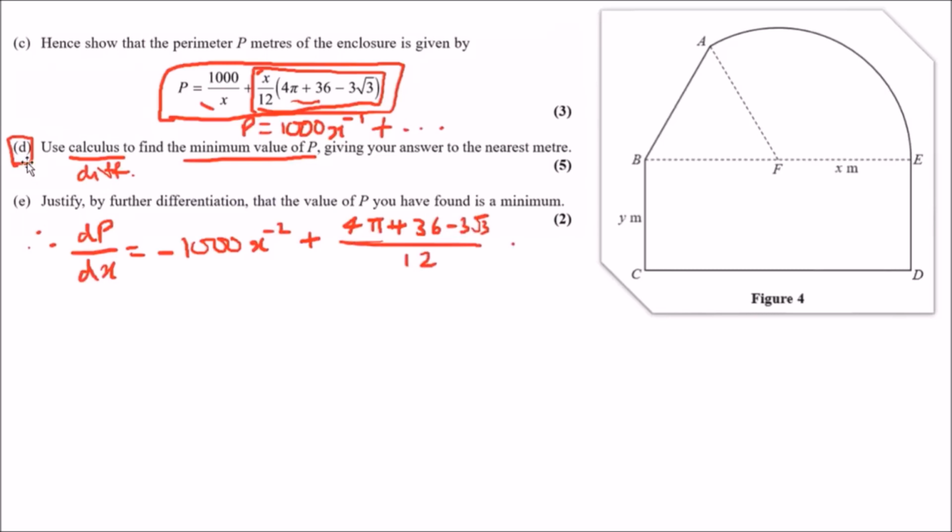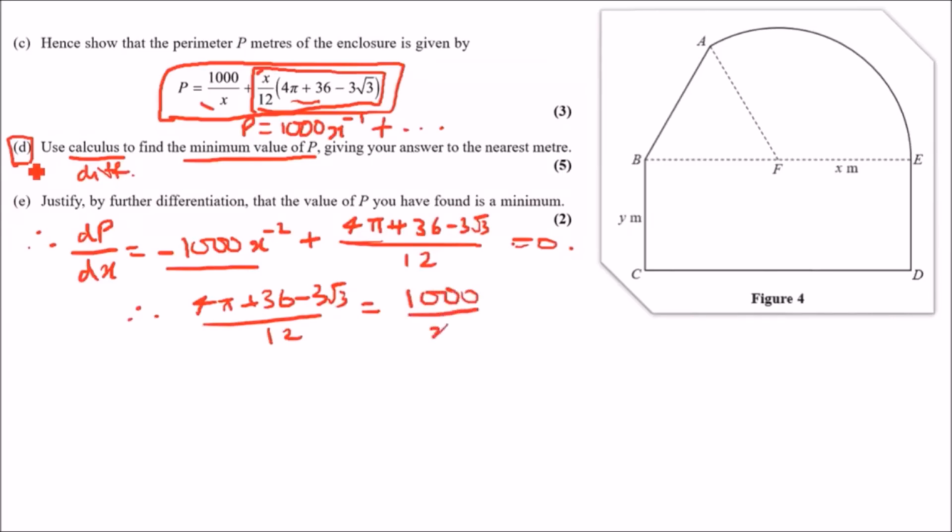x just vanishes. We set this equation to 0 and add 1000 across, so we're going to be left with 4 pi plus 36 minus 3 root 3 over 12 equals 1000, and we can change it back to the standard format, over 1000 x squared.